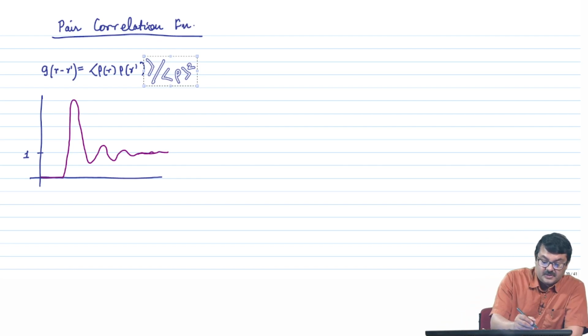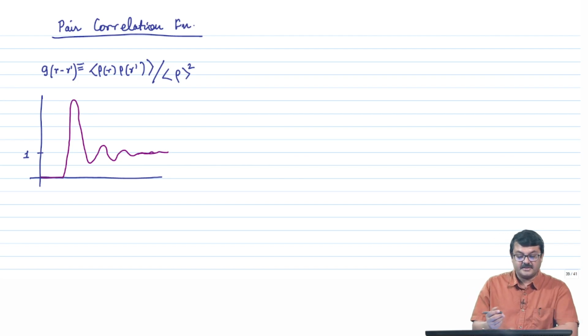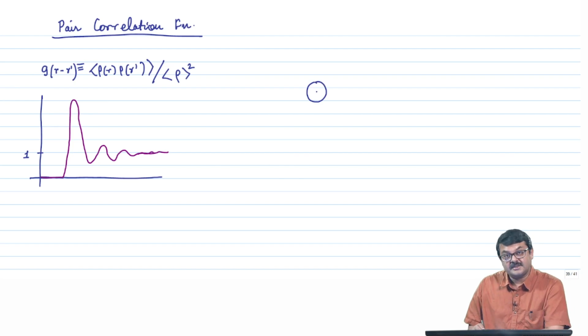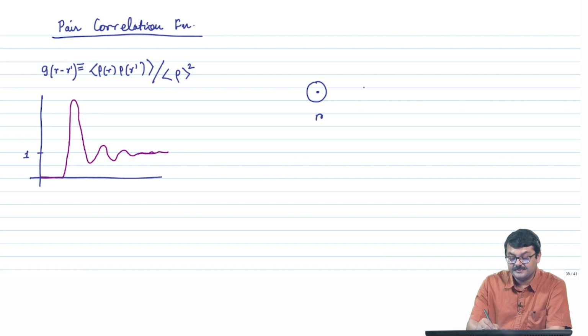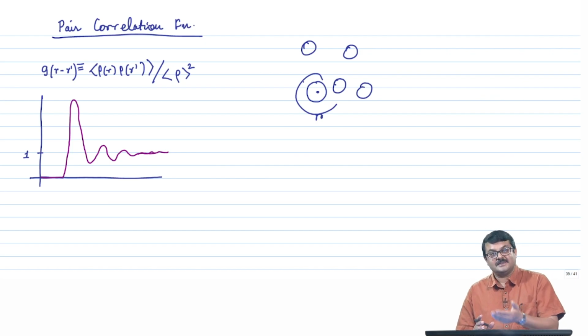So, I should not write equal to, I should be writing equivalent to, whereas in particle-based simulations you typically calculate g(r), which again tells you that if suppose there is a particle at point r, then how are the other particles in its neighborhood distributed. So, basically with respect to this one particle, you are trying to find out the probability of finding other particles at a certain distance r.